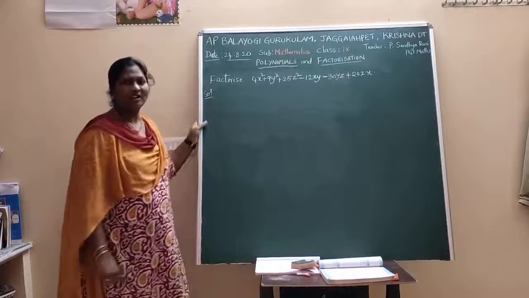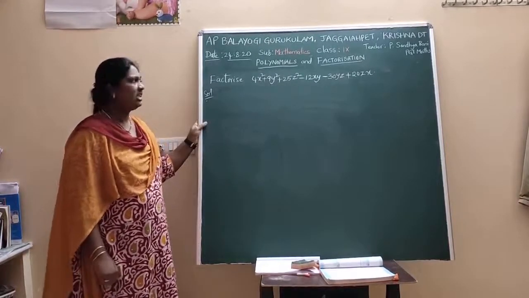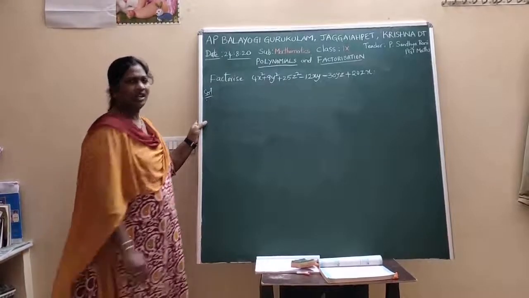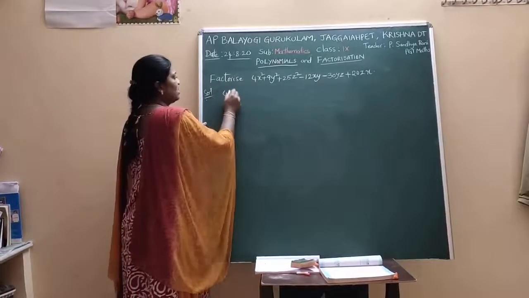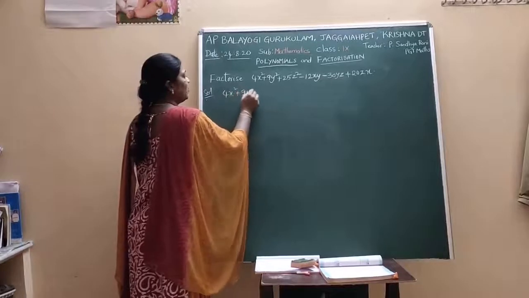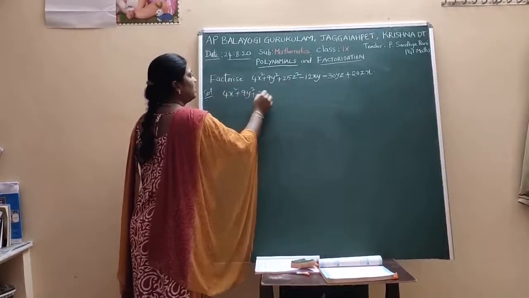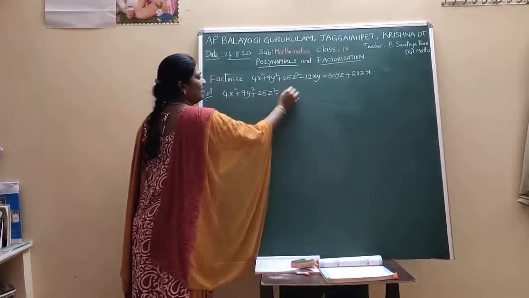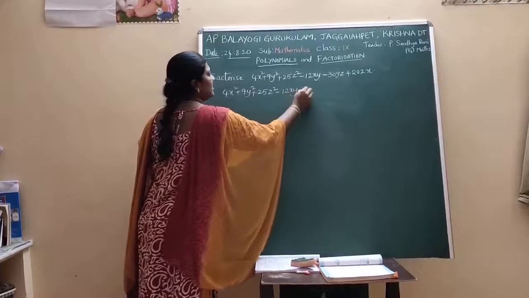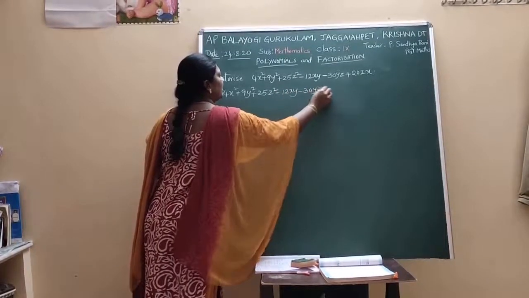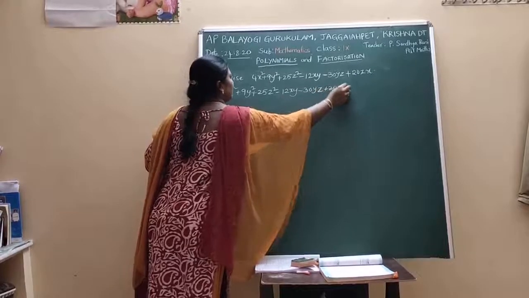In this problem, we have to factorize this algebraic expression. Okay, let us take 4x square plus 9y square plus 25z square minus 12xy minus 30yz plus 20zx.